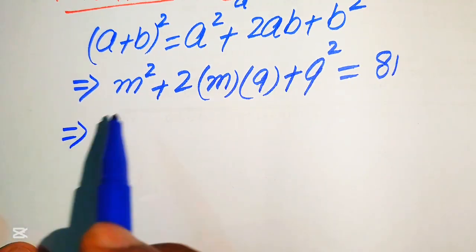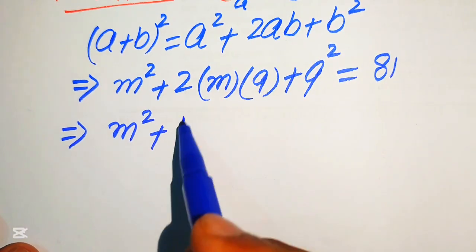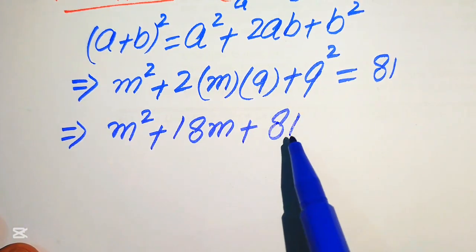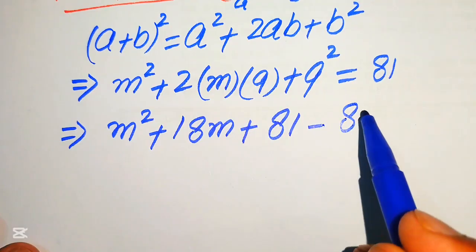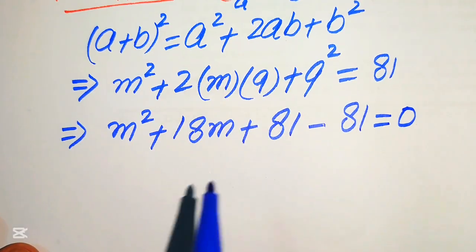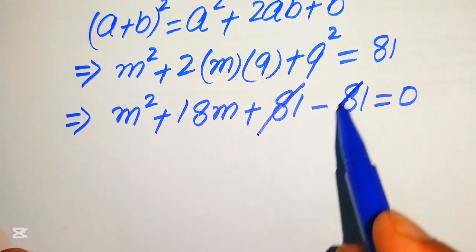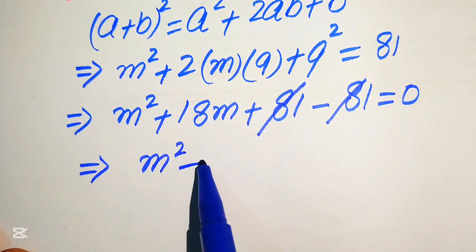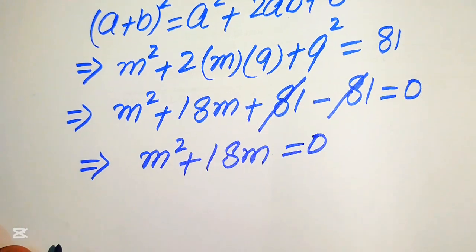In the next step we simplify: m² + 18m + 9² = 81. We move this 81 to the left hand side and get minus 81 equals 0. The positive and negative terms cancel out, and we get m² + 18m = 0.